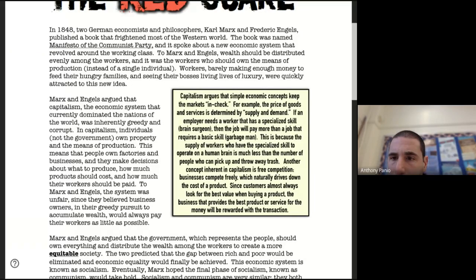If an employer needs a worker that has a specialized skill, like let's say a brain surgeon, then the job will pay more than a job that requires a basic skill like a garbage man. Okay? This is because the supply of workers who have the specialized skill to operate on a human brain is much less than the number of people who can pick up and throw away trash. Okay? It doesn't mean that picking up trash and throwing it away is an easy job. It just means it's a little easier to learn.